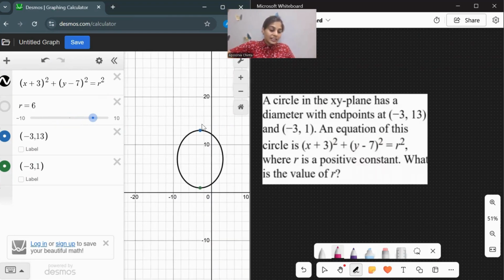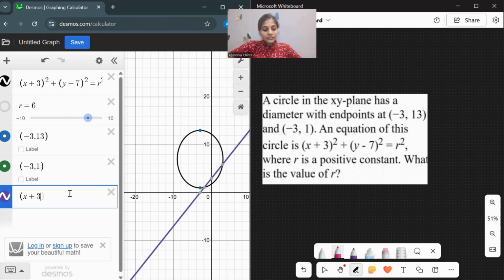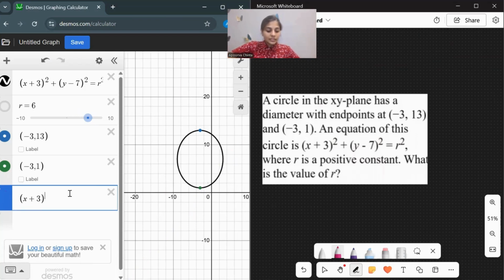Now what if I take some value like 6.1? I might get confused between 6 and 6.1 when I'm using the slider. How do I make sure whether 6 is correct or 6.1 is correct? I'll just plug in x plus 3 whole squared, that is the equation of the circle, plus y minus 7 whole squared equal to 6 squared, that is 36.